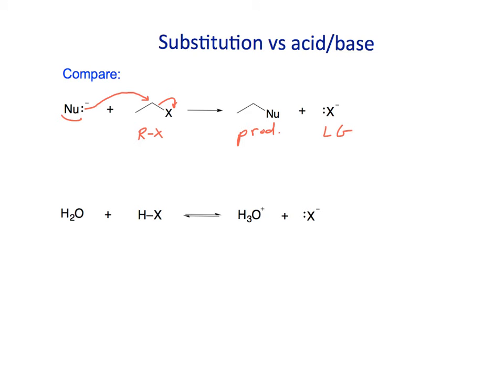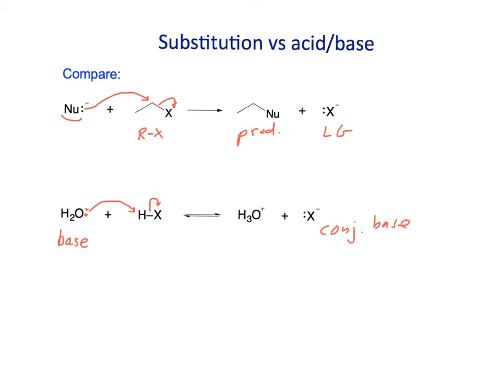Let's compare that process to the acid-base reaction just below. So in this case, water is going to act as our base. Its non-bonding electrons are going to bond to the proton, and the halogen will take the electrons in that bond with them to form our conjugate base.